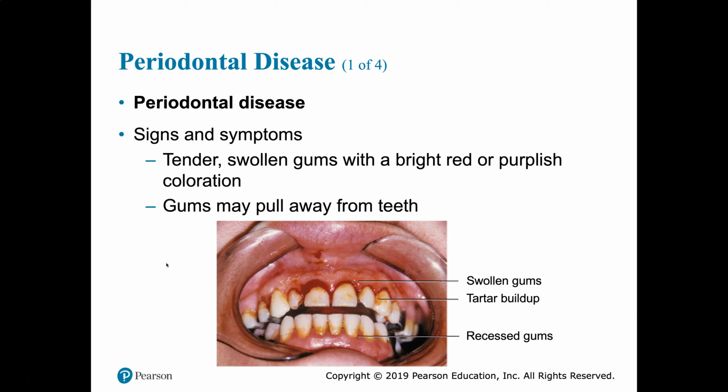Gingivitis is the more basic form where you have inflamed gums and a little tenderness and maybe some bleeding when you brush your teeth, versus periodontitis where the inflammation is severe, the gums recede significantly, you can see clear swelling of the gums and pus pockets that move towards the root tips.